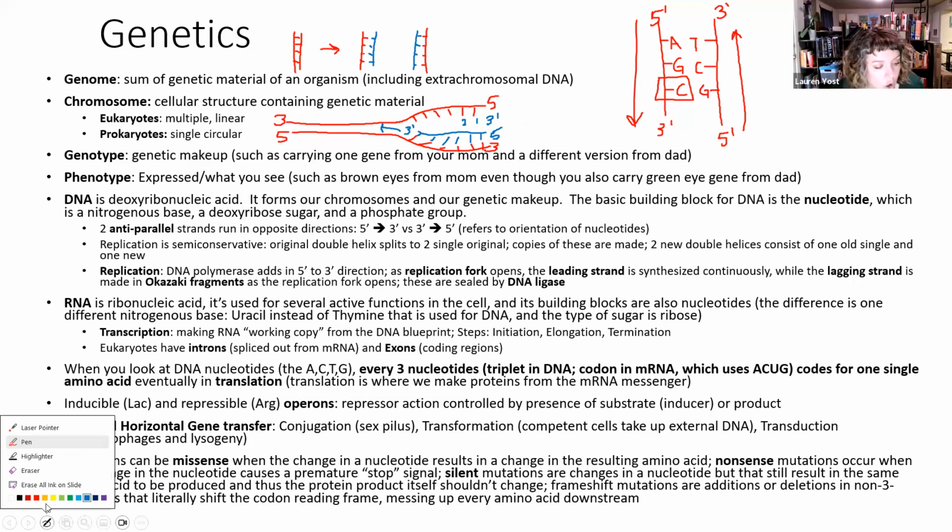Well, as we are opening up and we are making a copy of that leading strand, which is the one on the bottom that's just going and doing its thing just fine, just straight on through. That's the leading strand. We are opening up the lagging strand, and we have to work with that one in pieces.